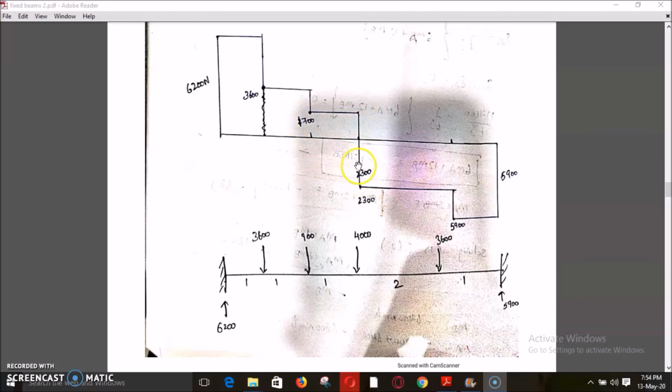And coming to this point, till here the shear force is 1,700. From here to the next load case, we have to subtract 4,000 from this 1,700, that is minus 2,300. And again by subtracting 3,600, it is minus 5,900 here till here. This is our shear force diagram.